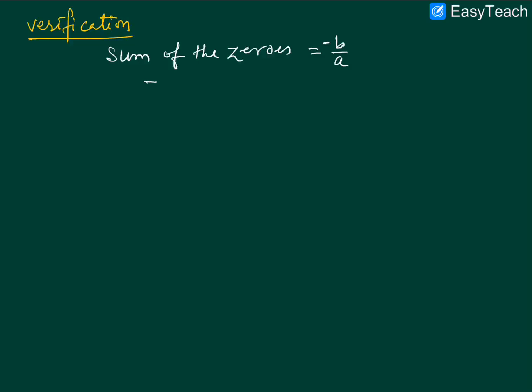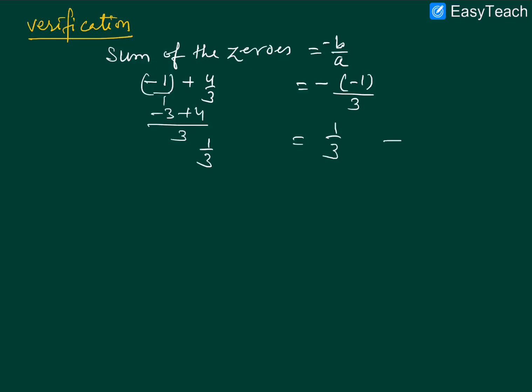Here the sum of the zeros is minus 1 plus 4 by 3, and the value of b is minus 1 and the value of a is 3. By taking LCM of 3 we have minus 3 plus 4, that is 1 by 3 here and 1 by 3 here. This is verified.